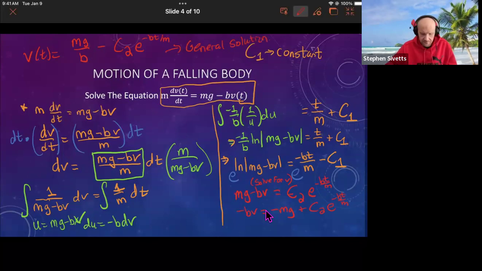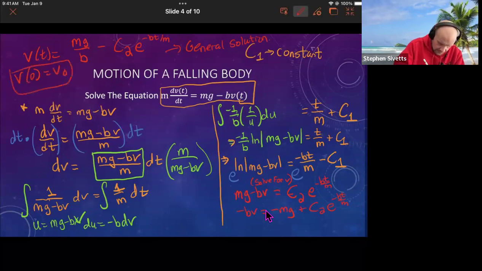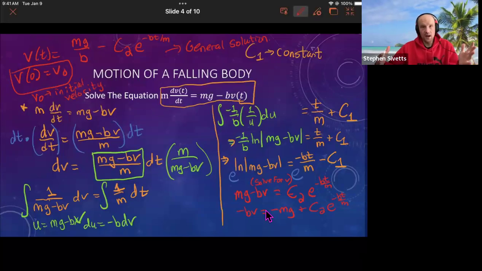And then usually you'll have an initial velocity. So this right here, v naught. So v naught is the initial velocity of the object. So it's the initial vertical velocity. Okay.